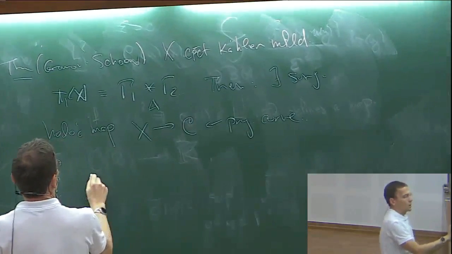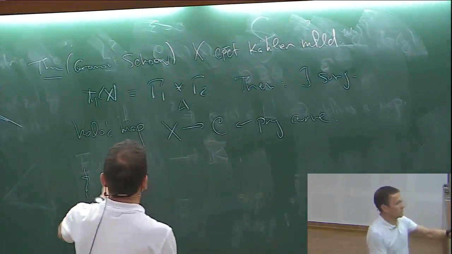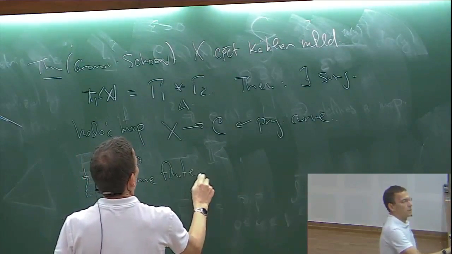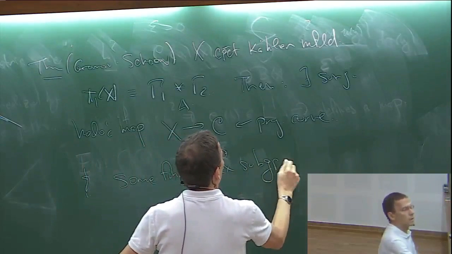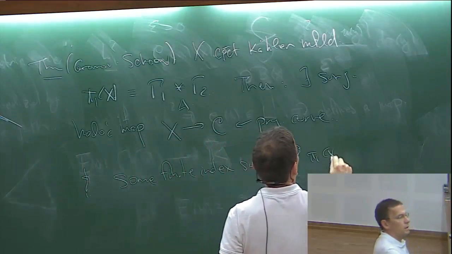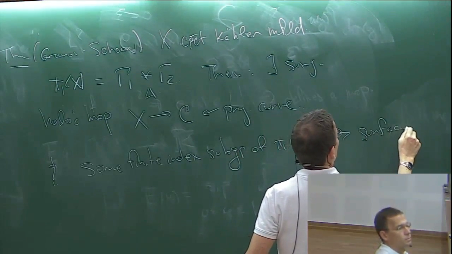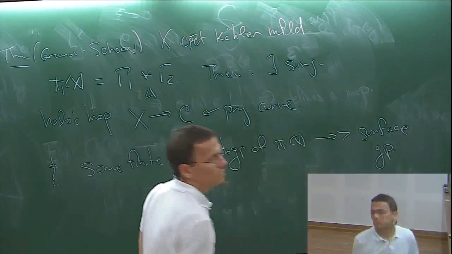And moreover, some finite index subgroup of pi 1 of X surjects onto a surface group. By surface group, I mean something of genus bigger than 2.